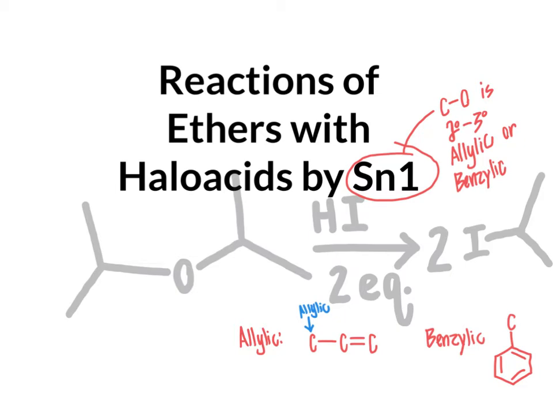So in our mechanism for this reaction, it will be Sn1 because we're looking at secondary or tertiary carbons, or carbons that are allylic or benzylic, that are bonded to the oxygen. In our case, for our specific example here, we're going to do this molecule reacted with HI.